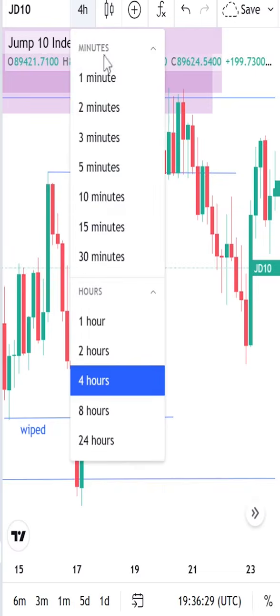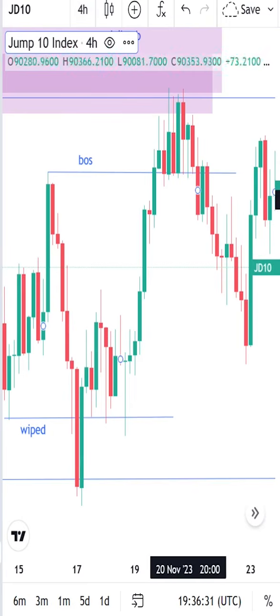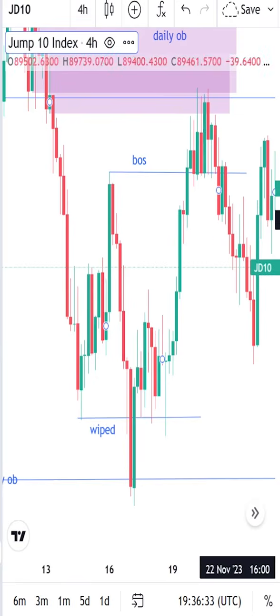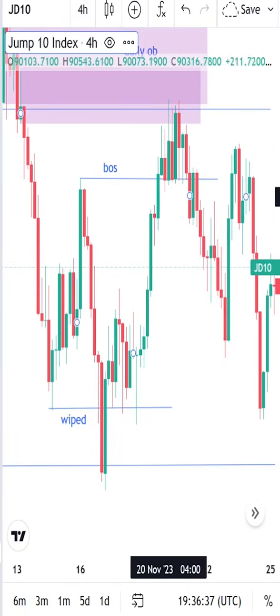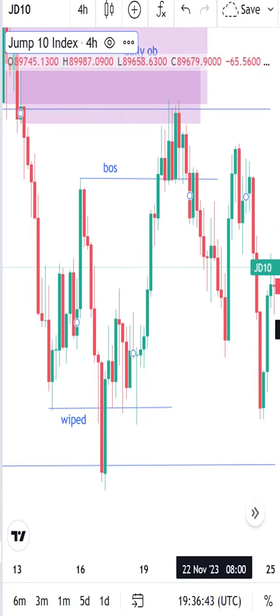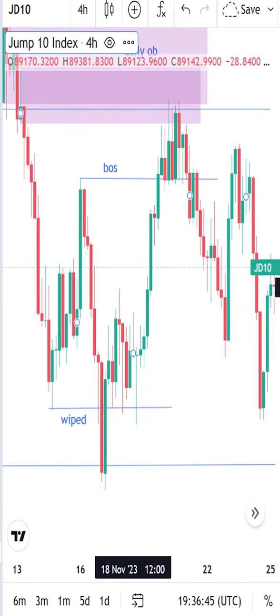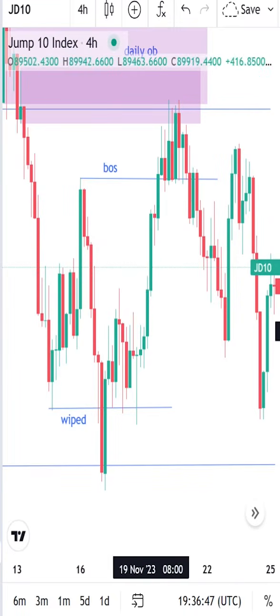So let's move down. Wait, before we move down again, what is our mission? Price is going to hit here and then do what? Dip into this fair value gap. That's our aim. I'm saying mission. So what is our aim?